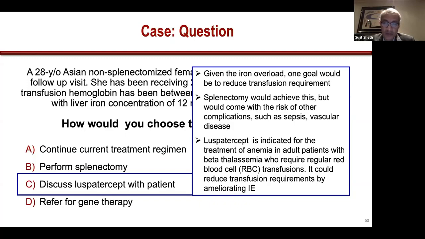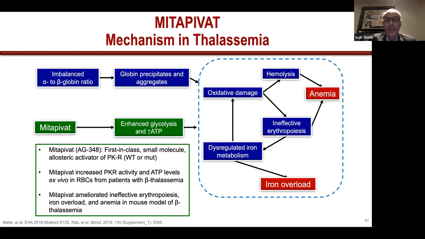So transfusion-dependent patients, a patient who has continuing anemia, which she has, and that's why luspatercept might be used to reduce her transfusion requirement.